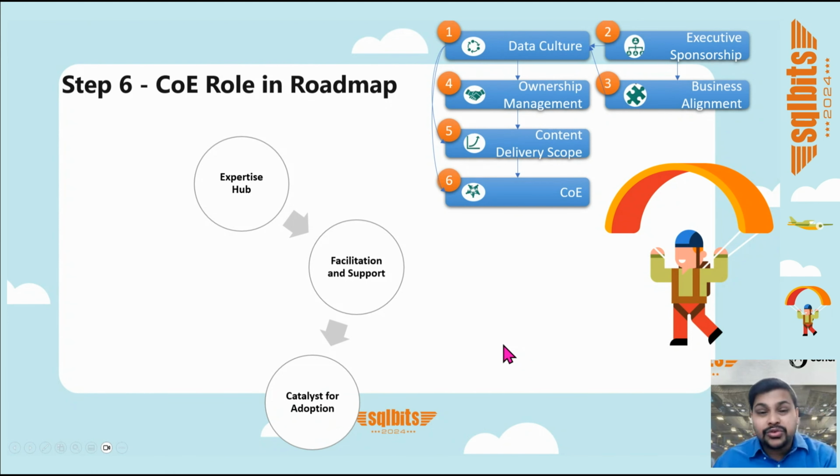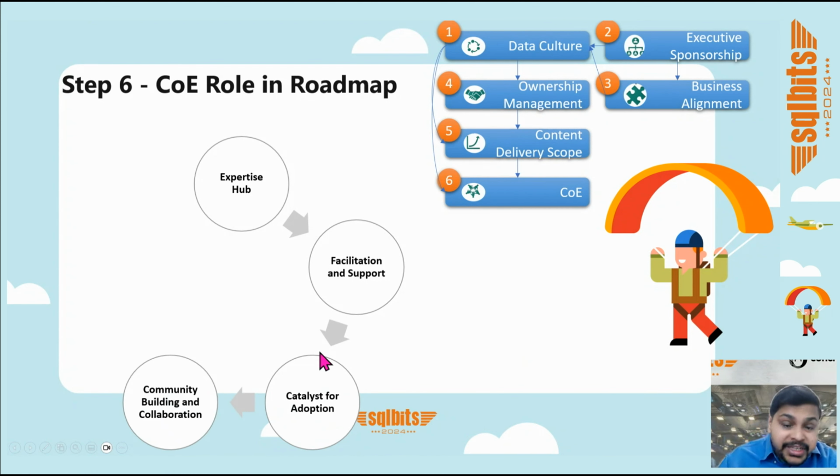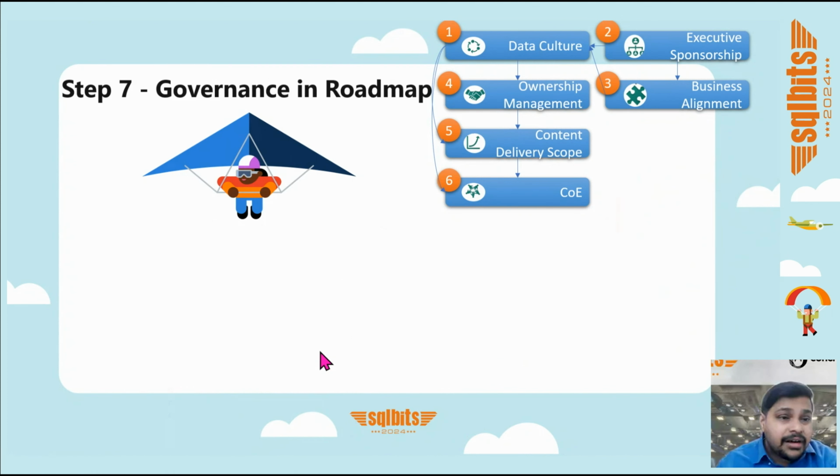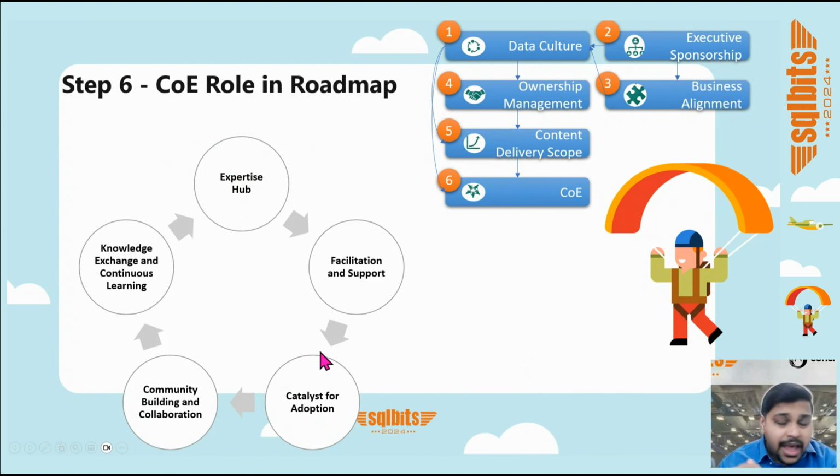If your business user has a problem in the Fabric, they are stuck, it's your responsibility as a COE team to jump in and help them. You are the catalyst for the adoption, right? Then you are building that community, you are bridging that gap between knowledge sharing and continuous learning, right? So I will bring back the COE role. In the COE role, you are actually performing all of these roles at once. Sometimes you are performing a very specific role, sometimes you are performing all the roles together.